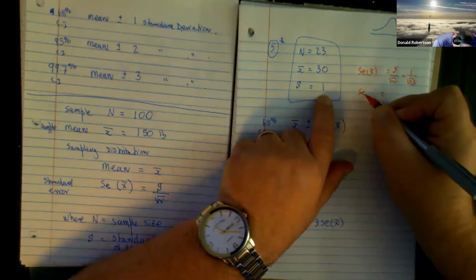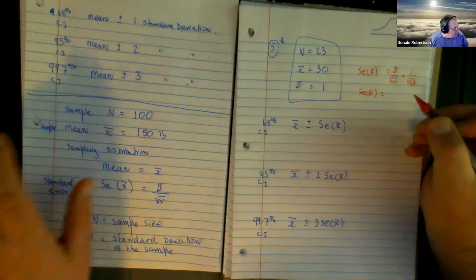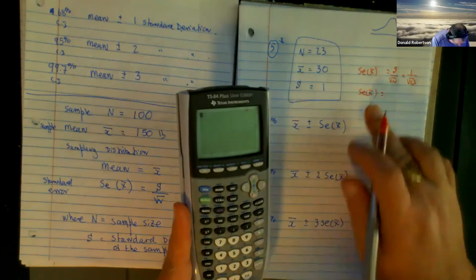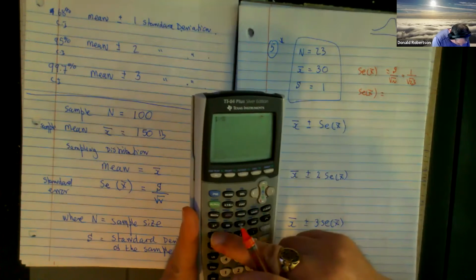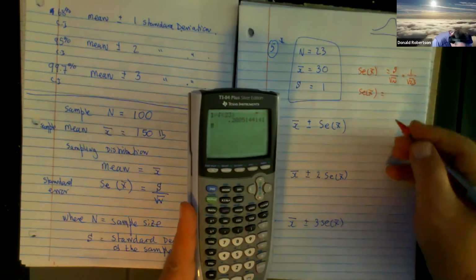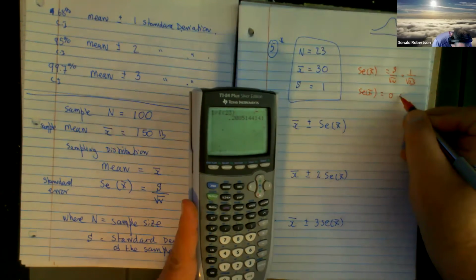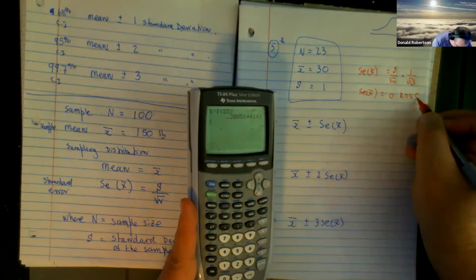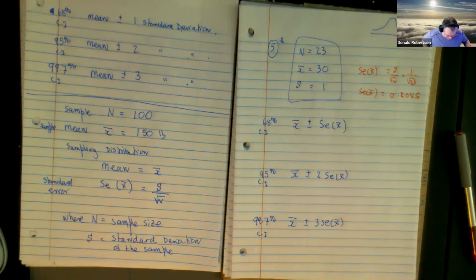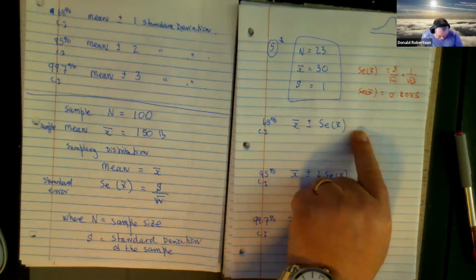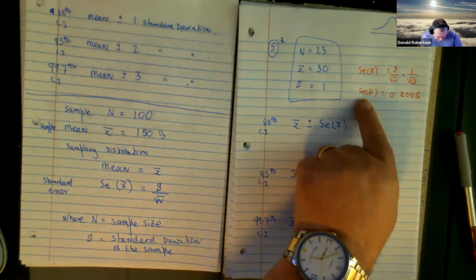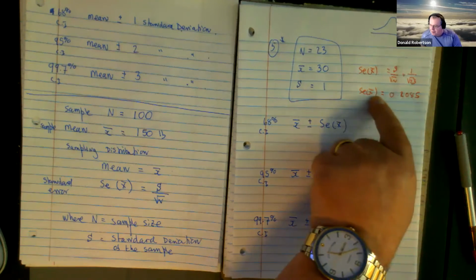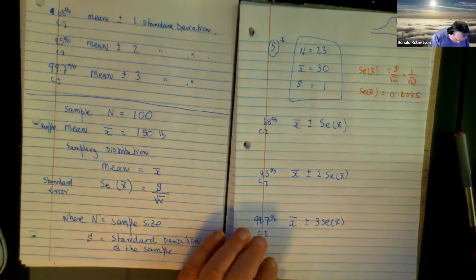So the number I'm going to use for the standard error, they want 3 decimal places, so I'm going to do this to 4. 1 divided by the square root of 23, and to 4 decimal places, it's 0.2085. If you want your answers to be to 3 decimal places, then make sure everything else is more accurate. So I'm doing this to 4, maybe 5, even if I felt it was necessary.